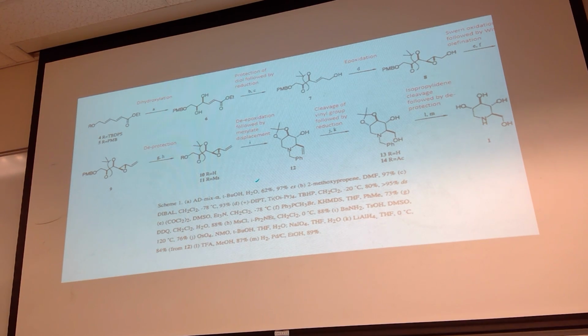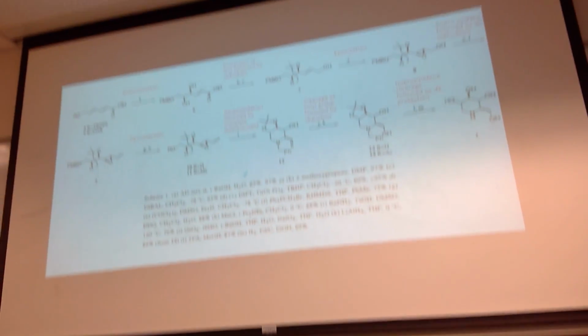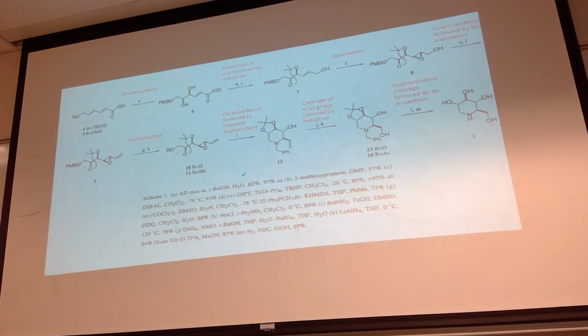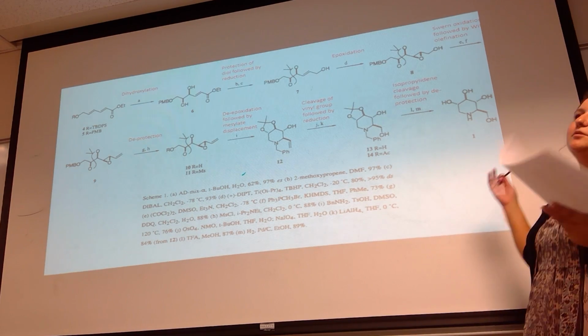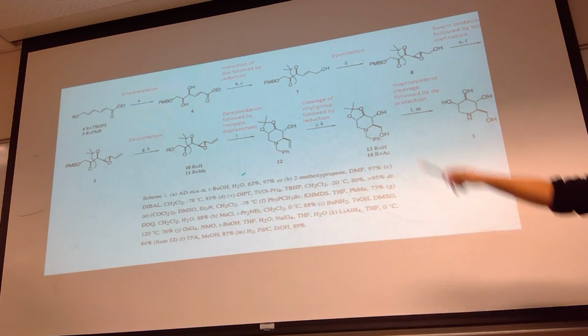But then from 12, the vinyl group was cleaved, and a reduction followed to give this alcohol here. And they ran into some more problems here. There's a lot of problems. I guess it wasn't a problem, but this was not the stereochemistry that they wanted at this time.